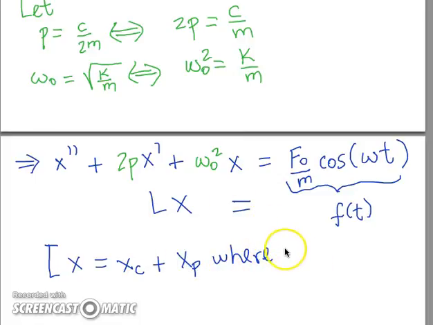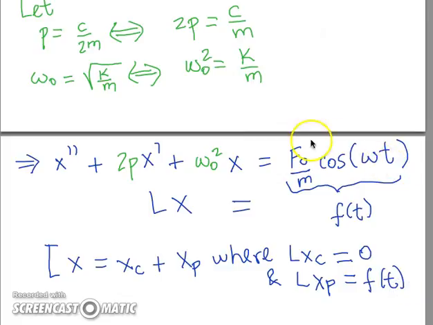In this short notation, x complementary is a solution of the homogeneous problem. That means the operator L evaluated at that complementary solution equals 0, and also the operator L evaluated at the so-called particular solution will be equal to the function f of t, which in this case is a cosine function. Okay, so that's what we're going after.